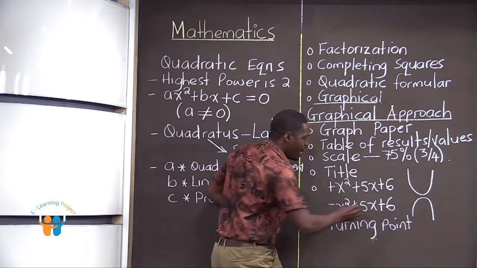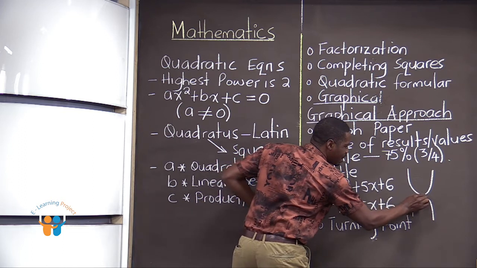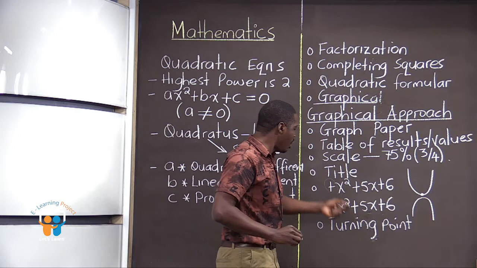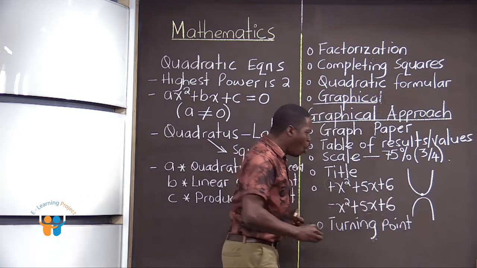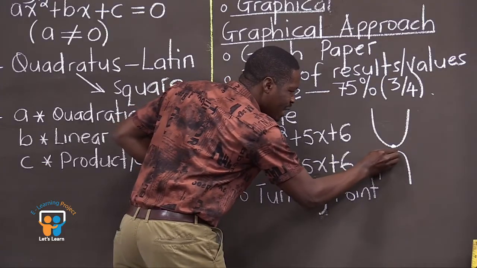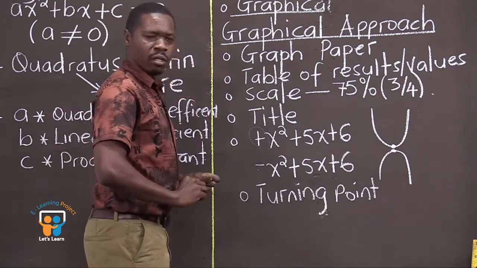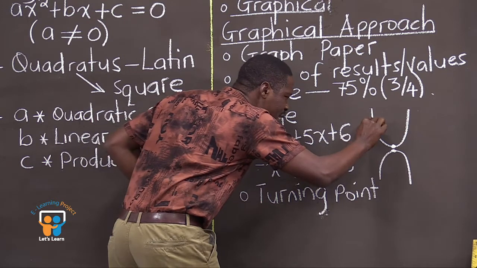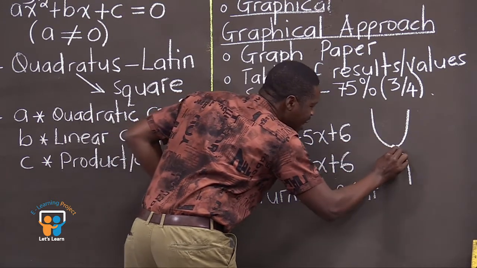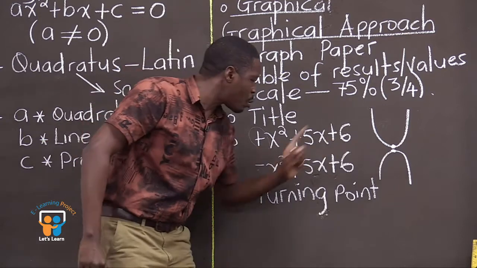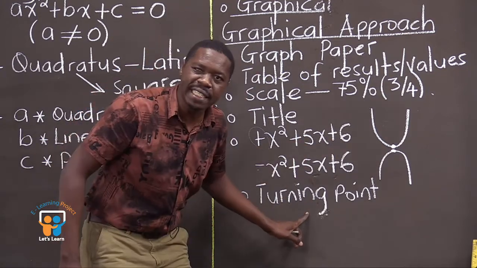For example, this lower point here is what we call the turning point of that graph, the point where the curve changes direction. It is coming like this, it reaches there, and then it changes direction and moves up again. That point is what we call the turning point.